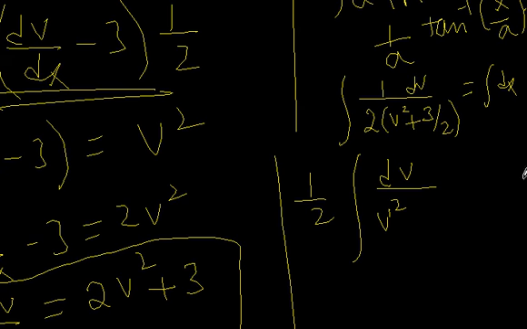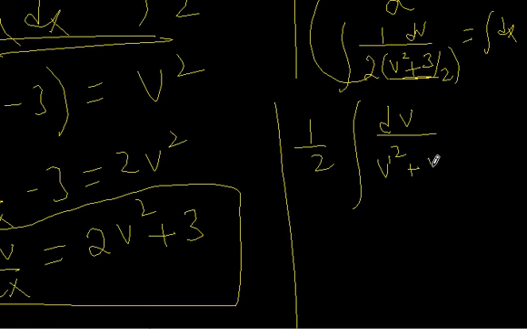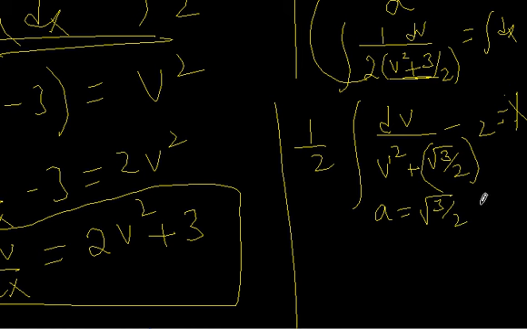To write exactly this in this form, I write 3 over 2 as root 3 over 2 whole square, then the integral of dx is x. So here a is equal to root of 3 over 2 and x here is v.